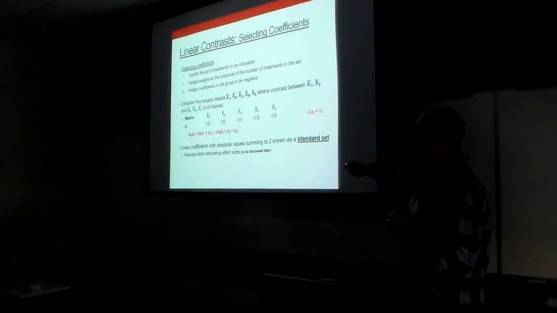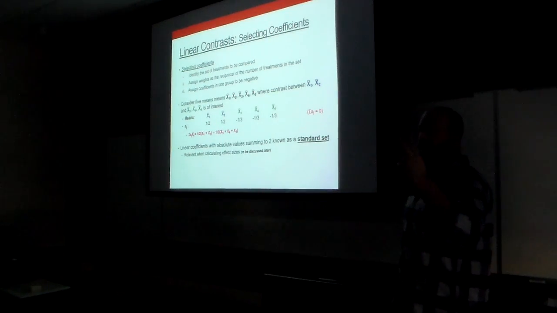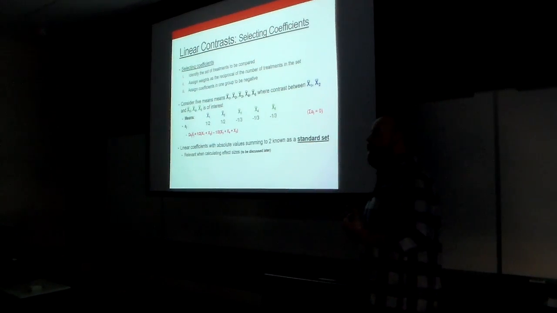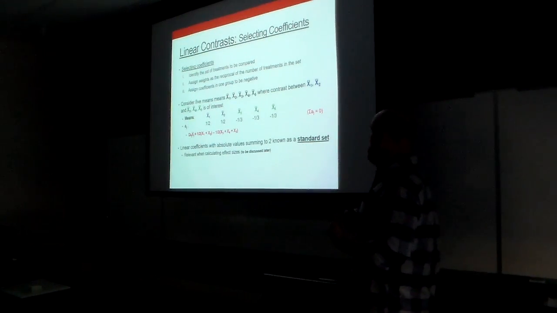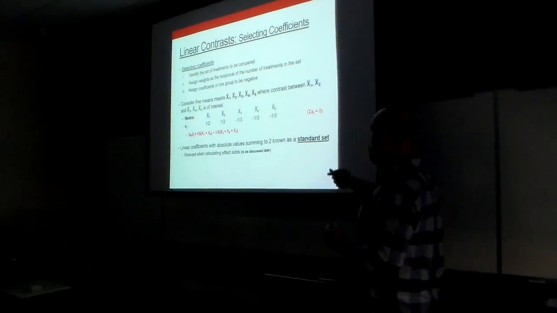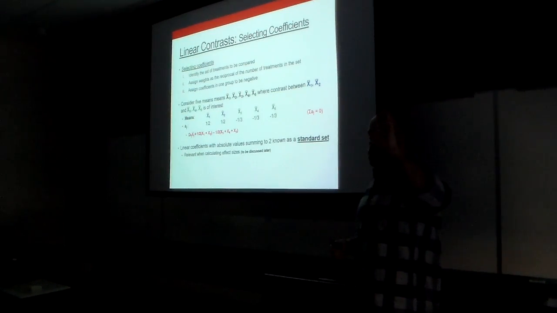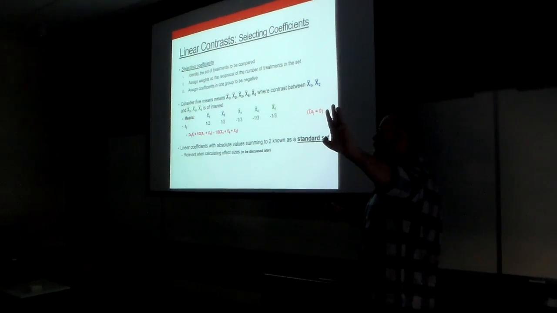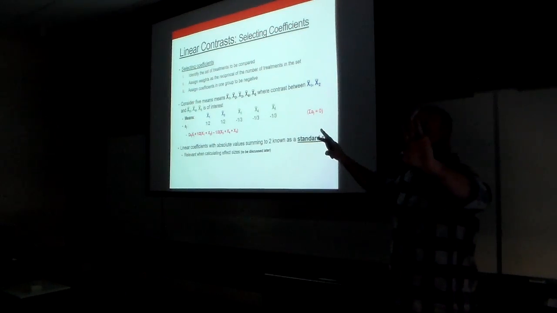So if we take 1/2 plus 1/2 plus 1/3 plus 1/3 plus 1/3, we get a value of 2. That means we have a standard set, and this becomes important for calculating our effect sizes, because literally what we have is the average of the first 2 means and the average of the other 3 means.